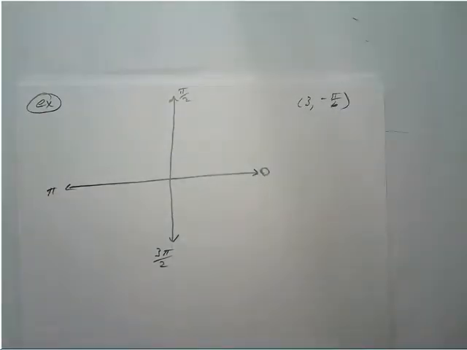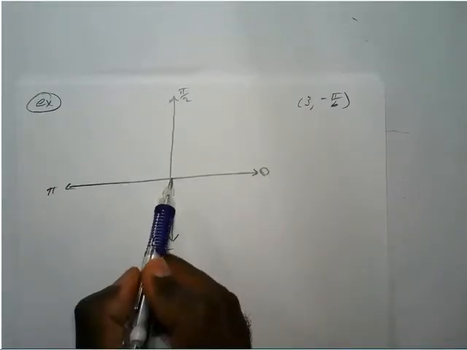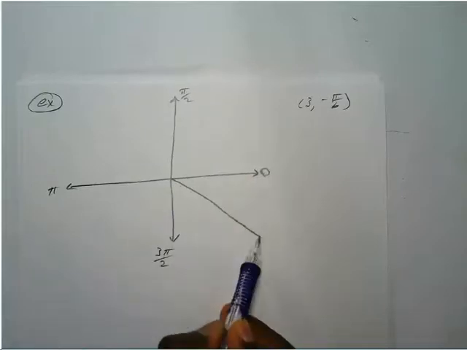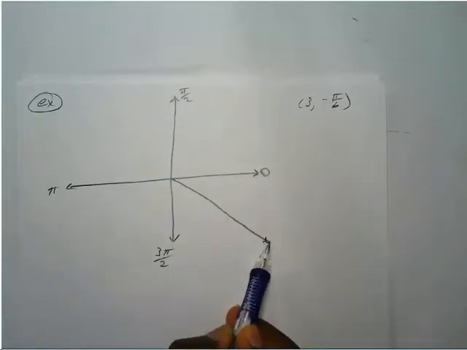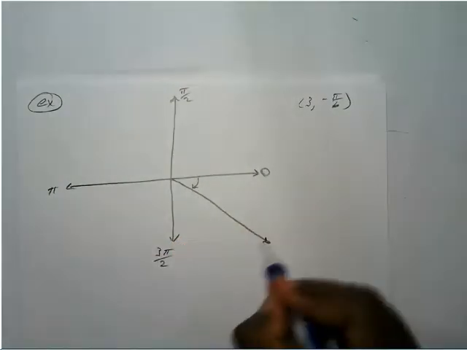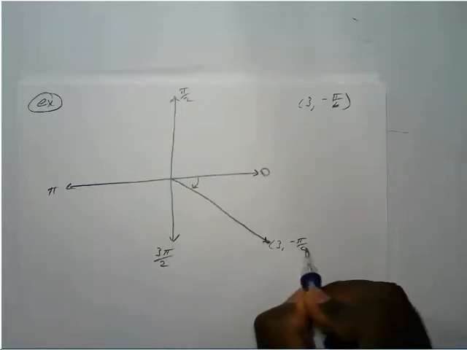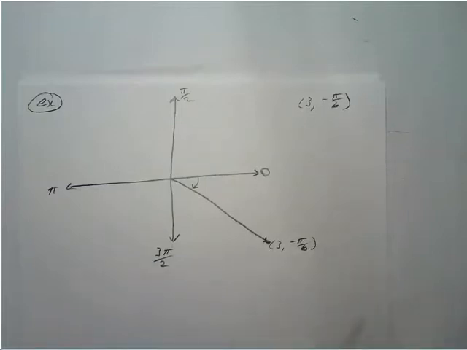Now, the thing about negative theta angles is they move in the clockwise direction. So if you're looking at this point here and your theta is negative, then this point here would be your 3 and negative pi over 6. Okay, that's because negative theta angles move in a clockwise direction.